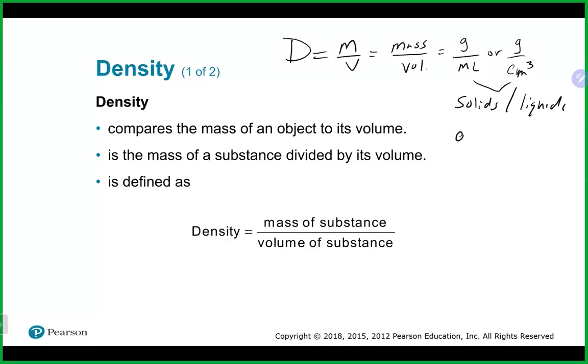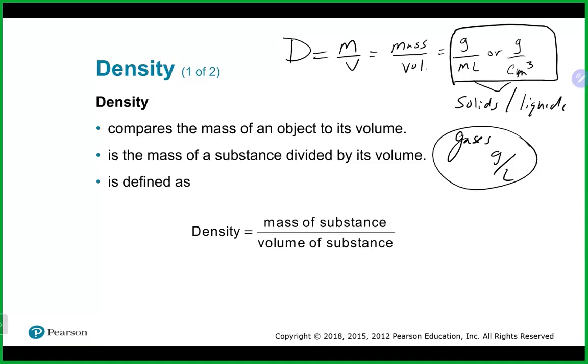If you're dealing with gases, which we really don't in this class, but sometimes you might come across it, the density of gases is typically given in grams per liter. But these are going to be your big 2 units for density here, grams per milliliter or grams per cubic centimeter. A reminder that 1 milliliter is equal to 1 cubic centimeter, right? It is a 1-to-1 conversion.